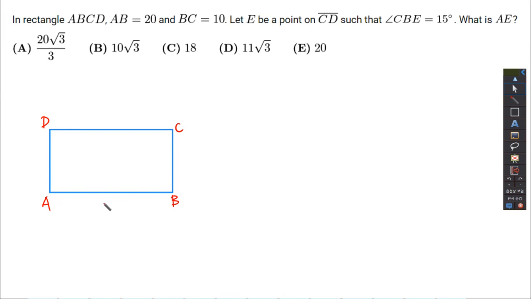And so 20 and 10. Your area is 200. And then let's put E on CD, like this, and the angle of CBE is 15 degrees. This is E. And we want to find the length of AE when we connect A and E.